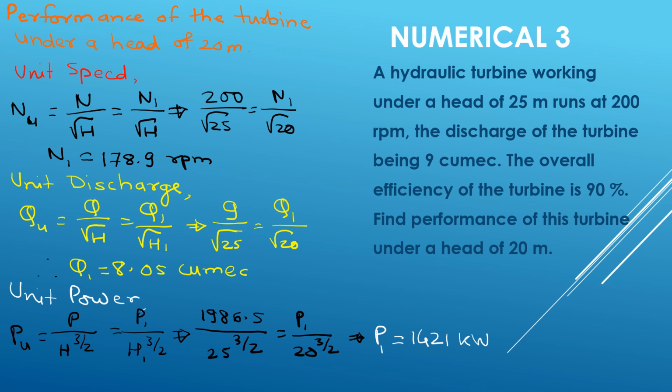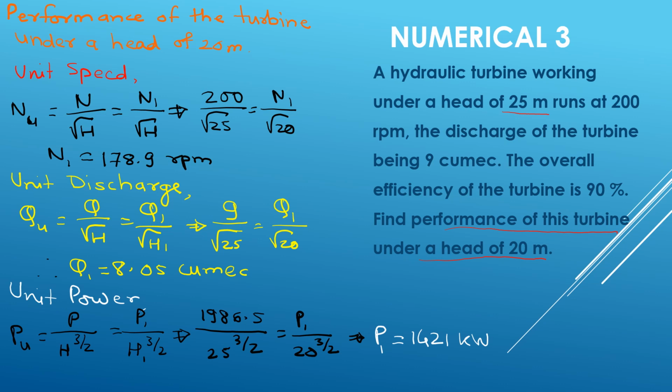Now let us solve an example to find out the unit speed, unit discharge and unit power. In this numerical, the working of the turbine for 25 meter head is known and we have to find out the performance of this turbine under the head of 20 meters.